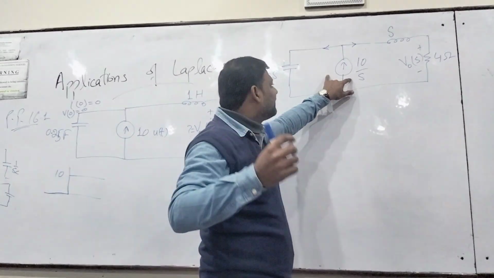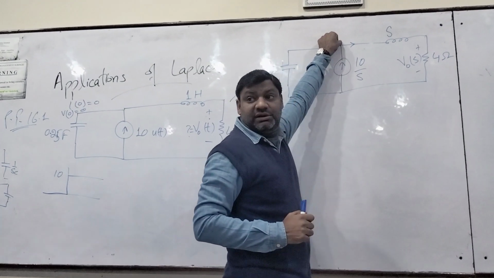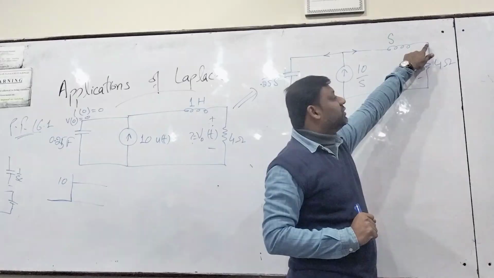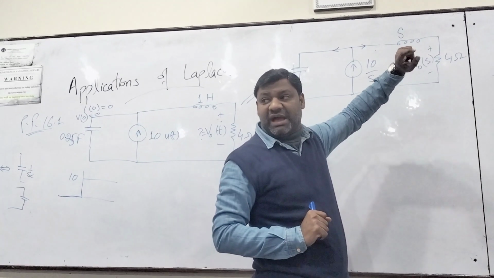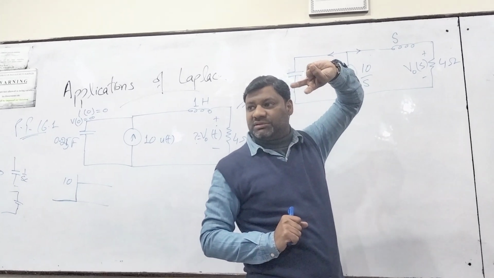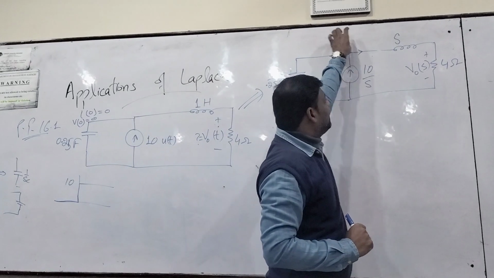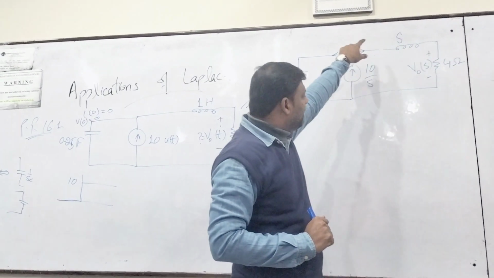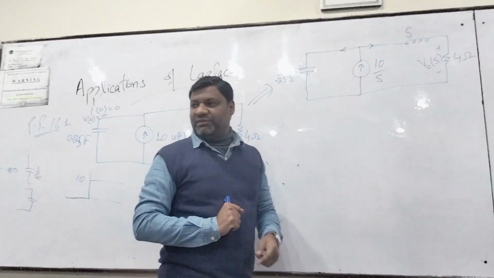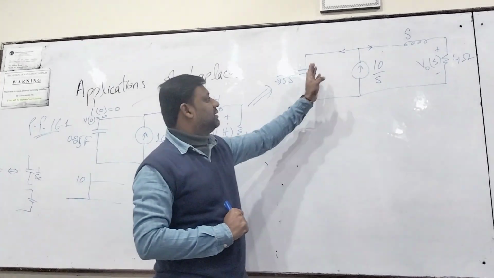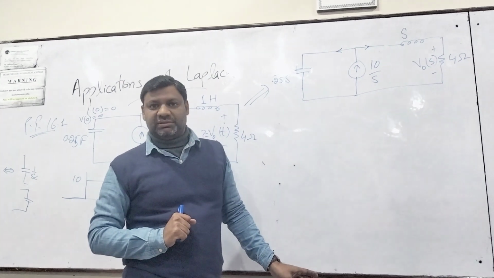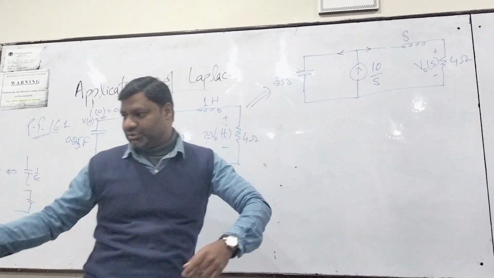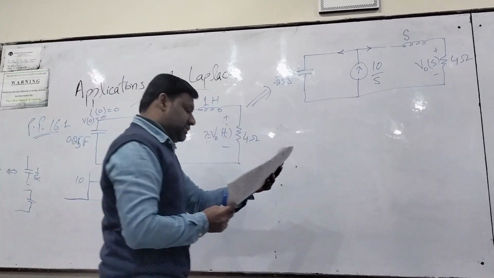Nodal analysis is a good idea, but then too you have to find two equations, one for this node and one for that node. But for the current divider, you will have only one equation. You have the calculator, you can find the rest of the things. So let me solve that for you.